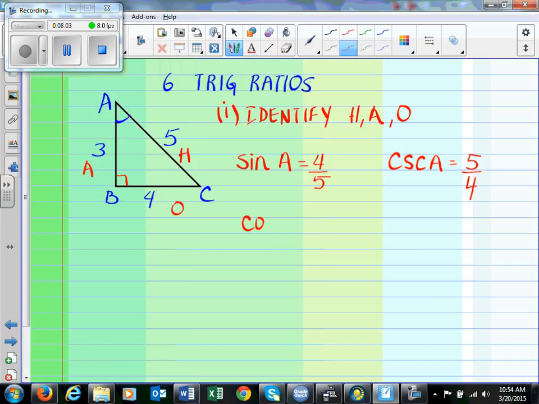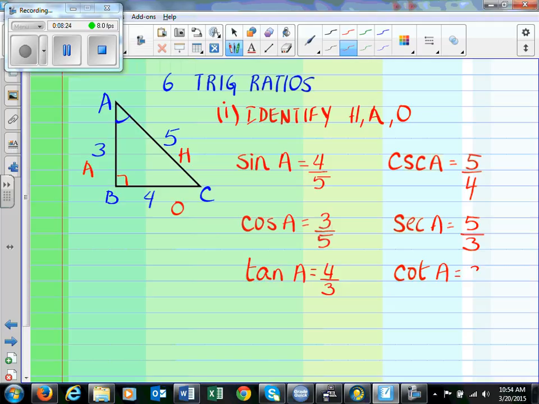And cosine A is 3 over 5, so therefore secant A will be 5 over 3. And tan A is 4 over 3, and cot A is 3 over 4. So these are the 6 trig ratios.